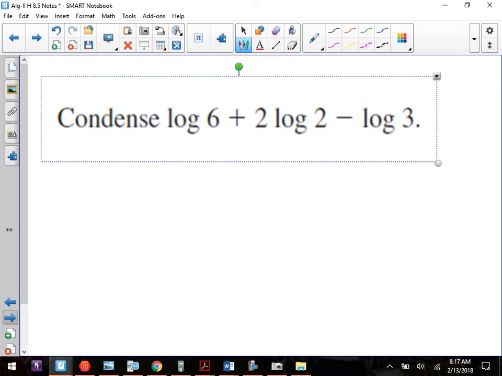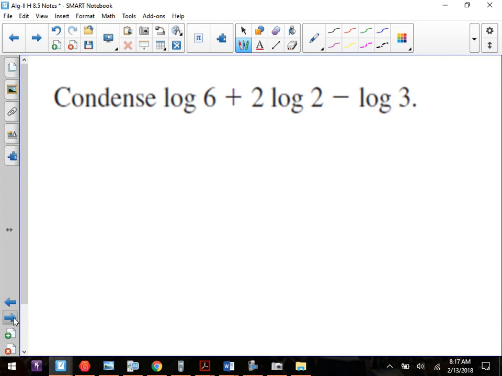There's the exponent one. There's multiplying, and then there's a division. Okay. So, we okay by saying this is log base 10?